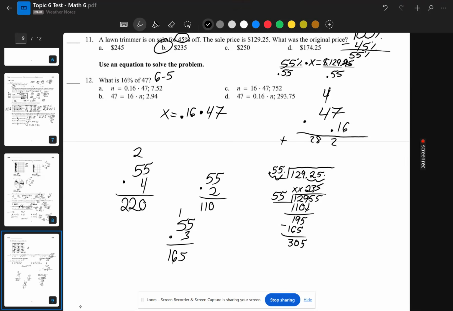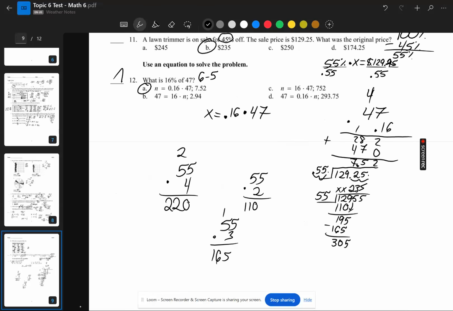Then 2 plus 1 is 3, plus 4 is 7. And then I move my decimal over twice, so it's 7.52. My only answer choice is A.